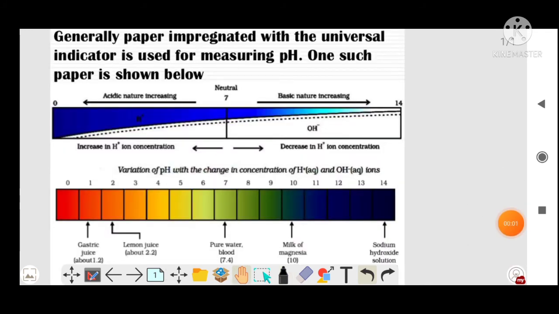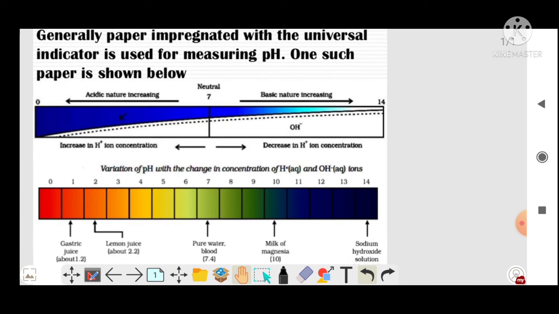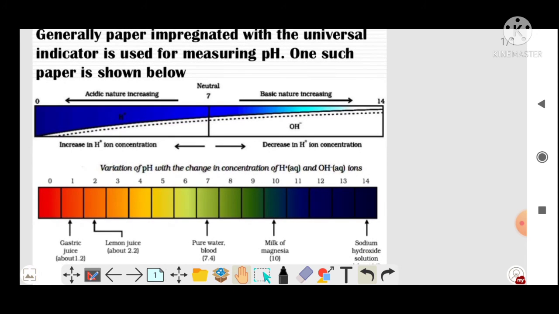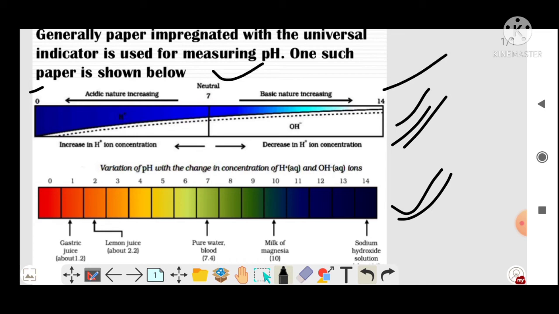Generally, paper impregnated with universal indicator is used for measuring pH. One such paper is shown below. Here, from the concept, 0 to 14, 7 is neutral, and less than 7 means an increase in hydrogen ion concentration.